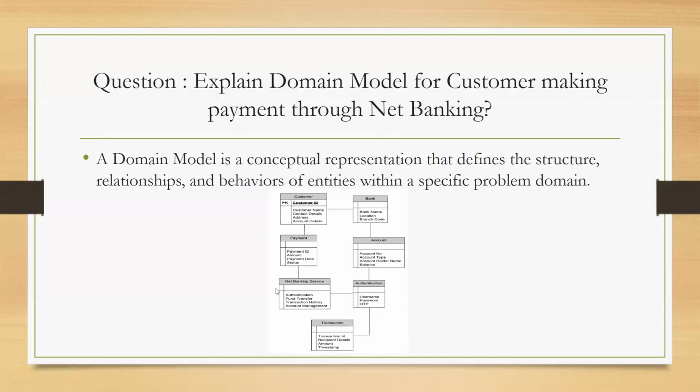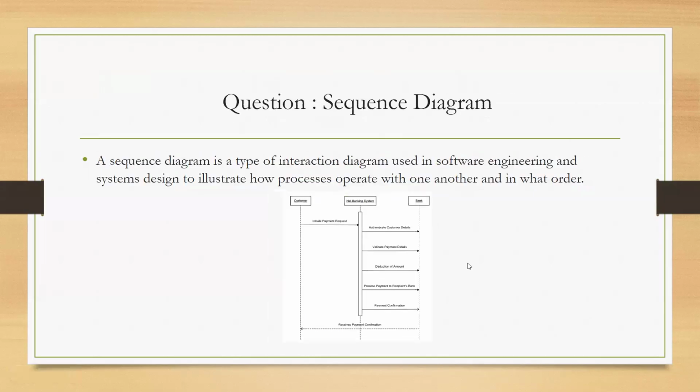So the next question is about the sequence diagram. A sequence diagram is also a UML representation. I think you might have heard about these UML diagrams, right? Unified Modeling Language, under which we have various diagrams like use case diagram, activity diagram, etc. The sequence diagram is also one category under UML diagrams. A sequence diagram is usually drawn by the developer.